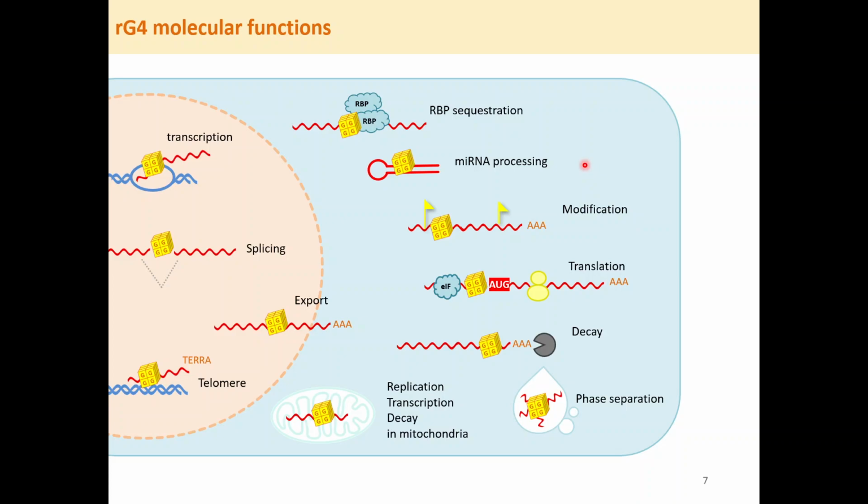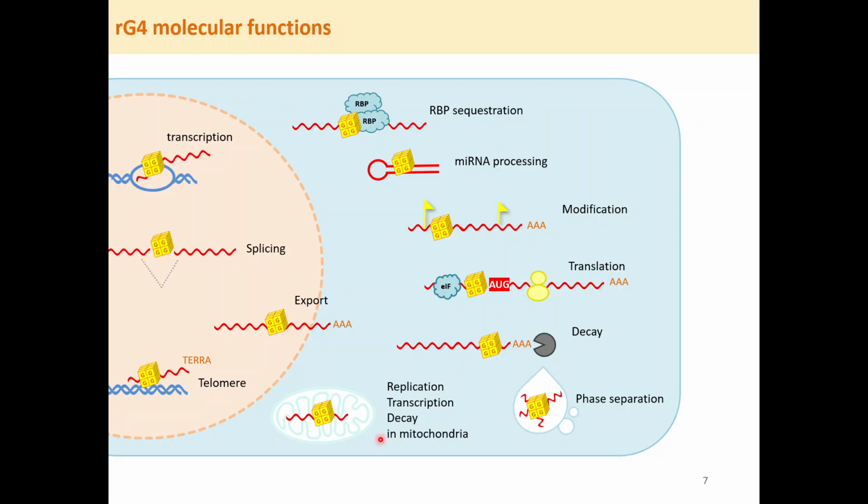In mRNAs, rG4s regulate RNA epitranscriptomic modification, mRNA translation, and RNA decay. In the cytoplasm, liquid phase separation forms membraneless organelles, signaling complexes, and many other biological supramolecular assemblies. rG4s trigger the phase separation.